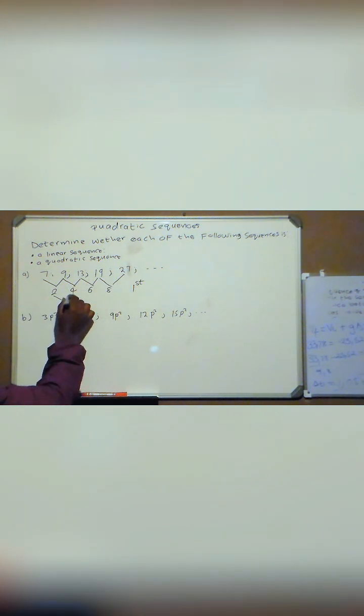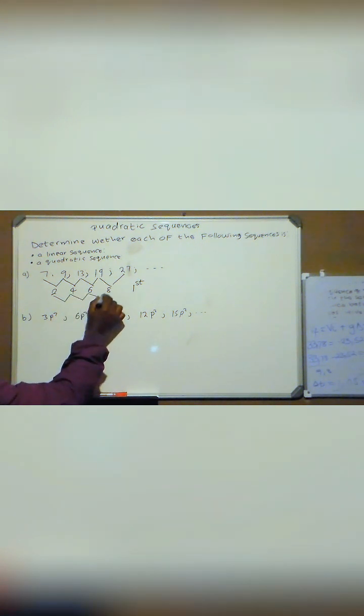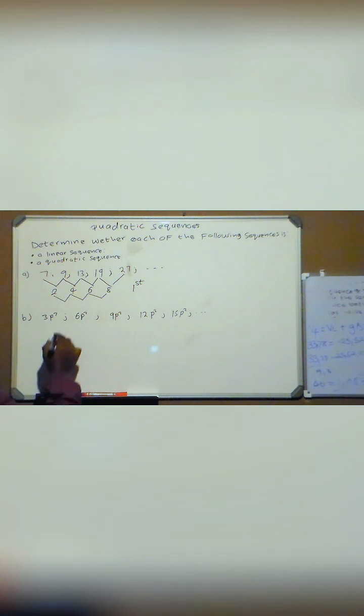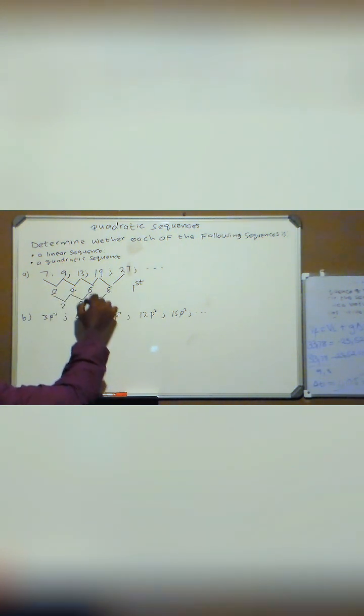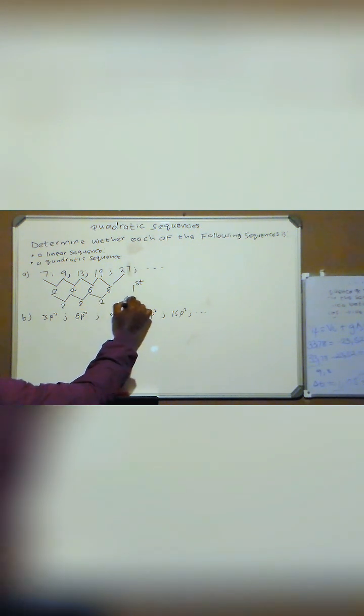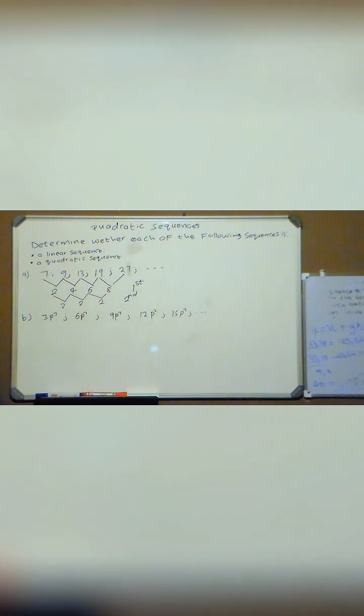So we go on and try to find the second difference of the sequence. So again, 4 minus 2, 2. 6 minus 4, 2. 8 minus 6, 2. So the second difference of the sequence gave us a constant value. So therefore we can conclude that this sequence is a quadratic sequence.